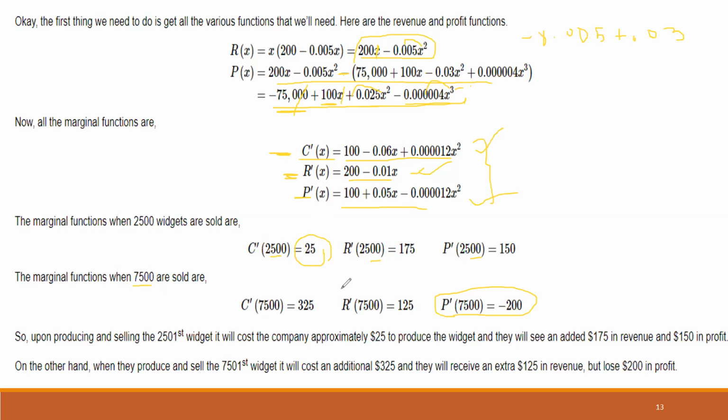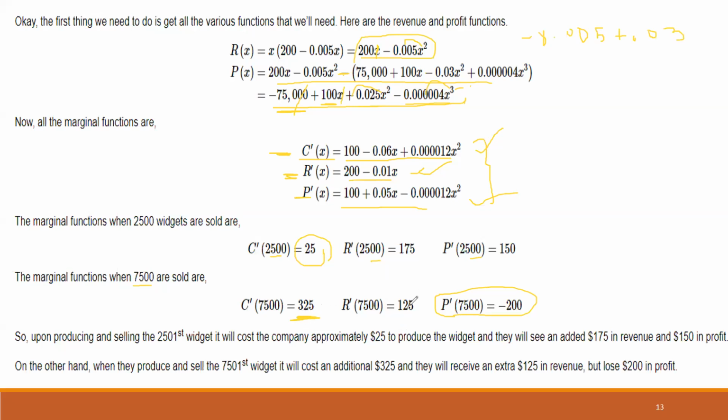And they will see a revenue coming in of $175. Therefore, they'll make a profit of $150. On the other hand, if they are to produce 7,500 widgets, when they produce and sell the 7,501st widget, how much is it going to cost them?